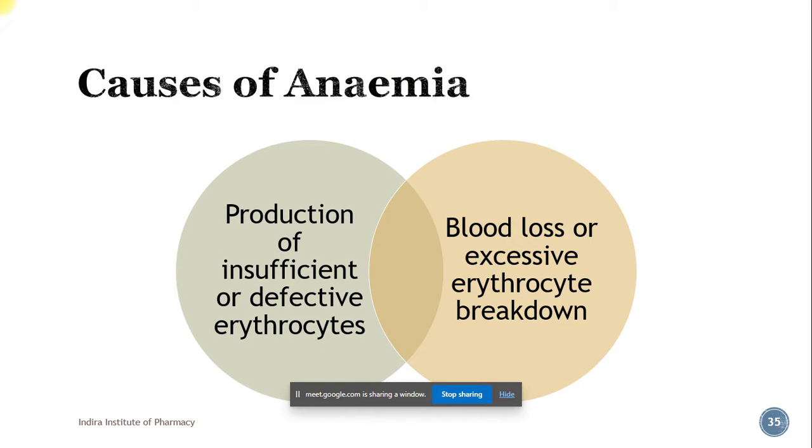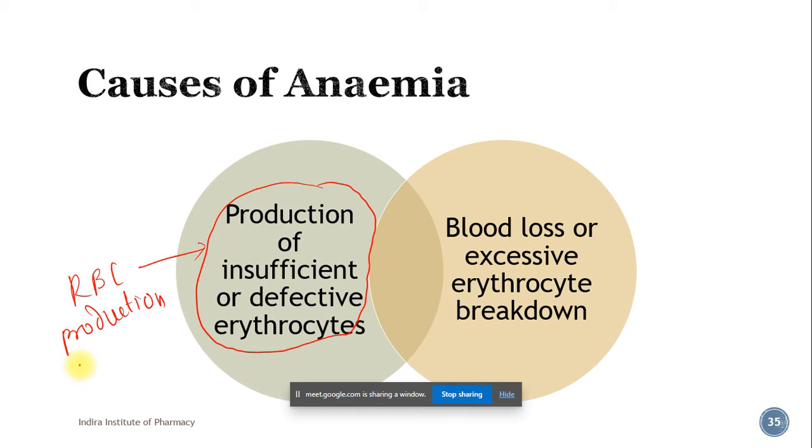The main causes of anemia: there are mainly two causes. The first cause is production of insufficient or defective erythrocytes, that means RBC production is deficient.